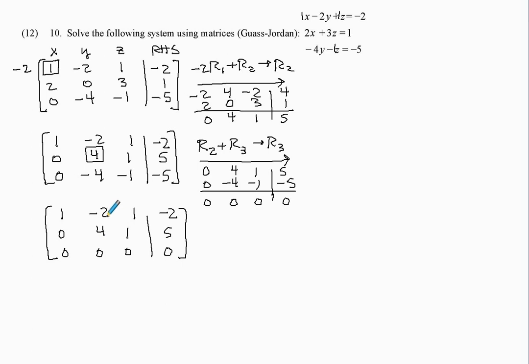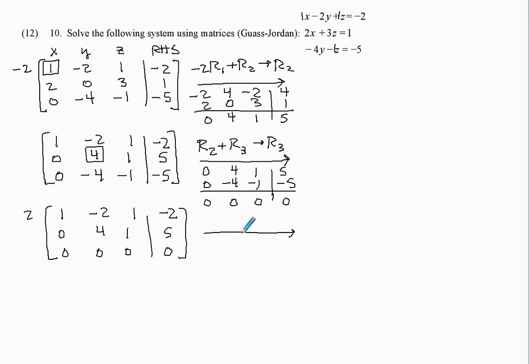So instead of going for triangle form, we're going to finish clearing out that second column. So I want to use a 4 to cancel out a negative 2. So if I multiply this first equation by 2, then I'd have 2 times 2, negative 4. Add the second equation. Those are going to cancel out.